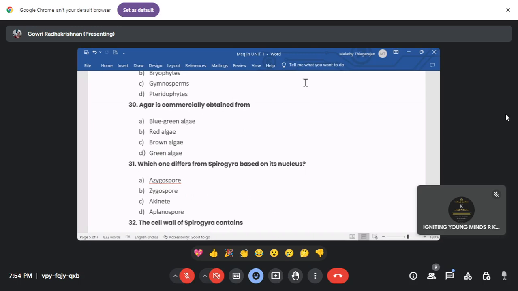Okay. Which one differs from Spirogyra based on its nucleus? Zygospore.